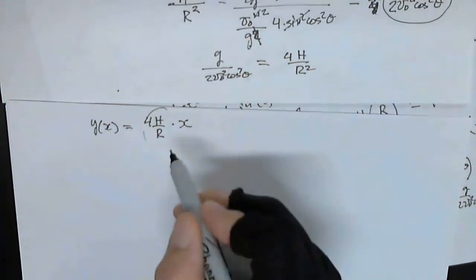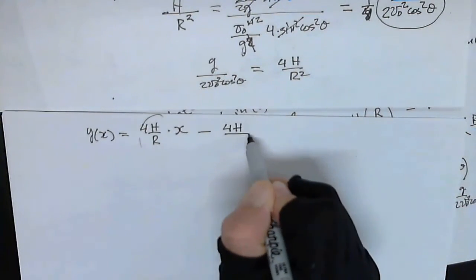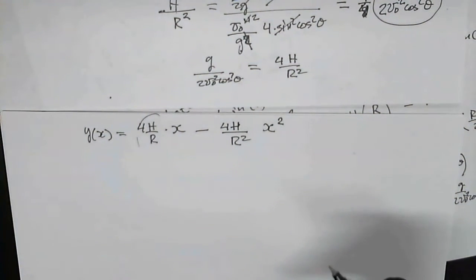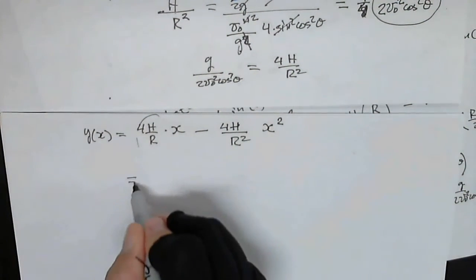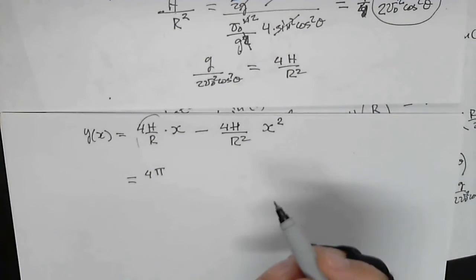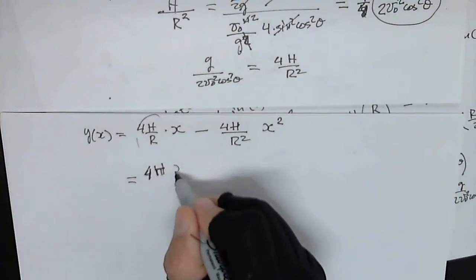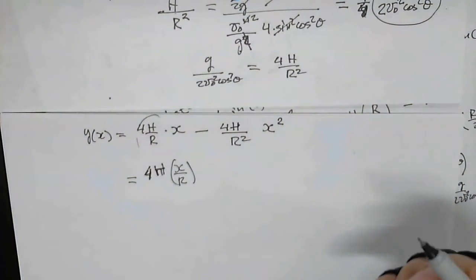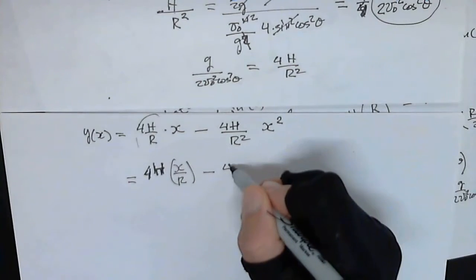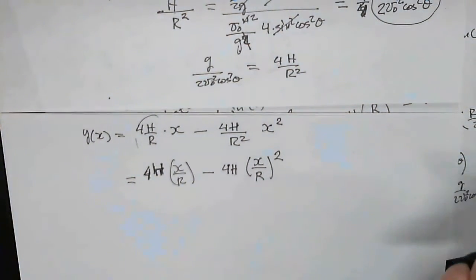This is dimensionless because this is in meters, minus 4h over r squared x squared, and this has dimension of meters. I can take 4h, I think this is the best way to put it, times x over r. So this is dimensionless, and this has units of h, and then this is 4h x over r squared.